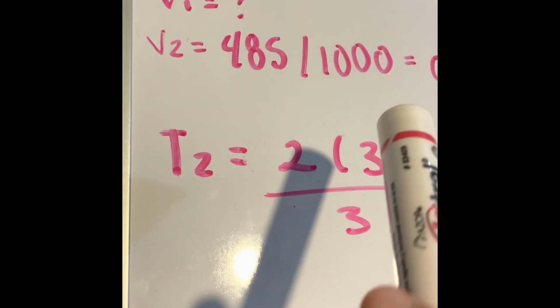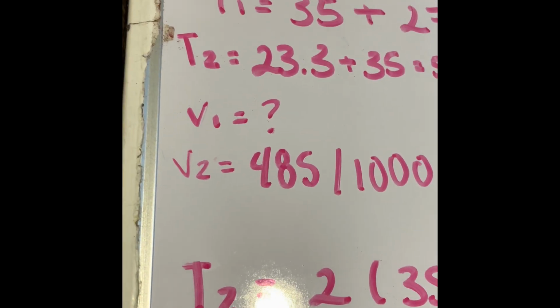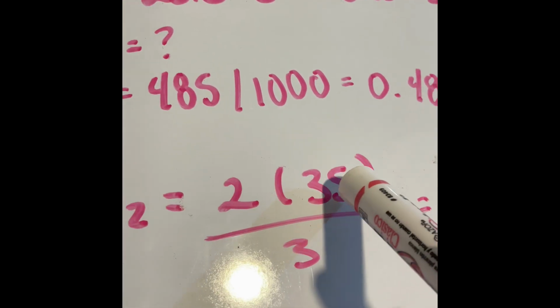T2 equals 2 because the hydrogen is 2 and the temperature is 35.